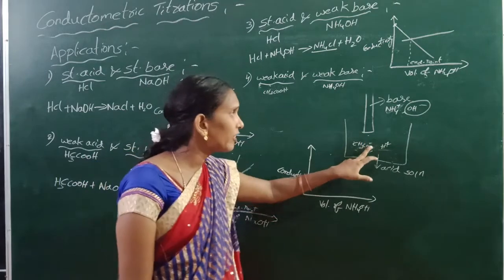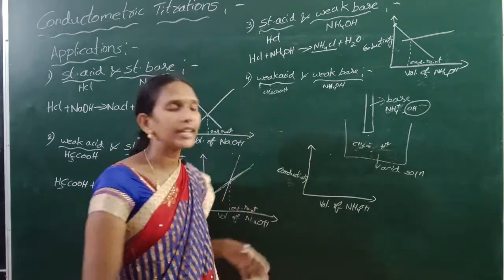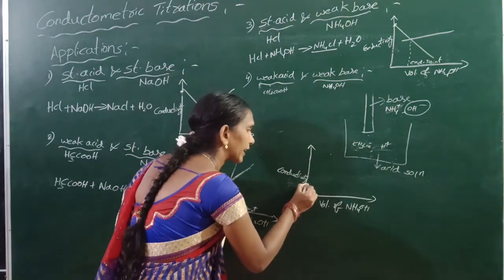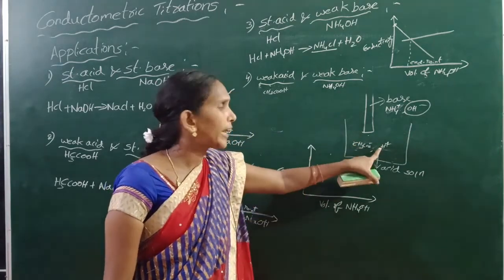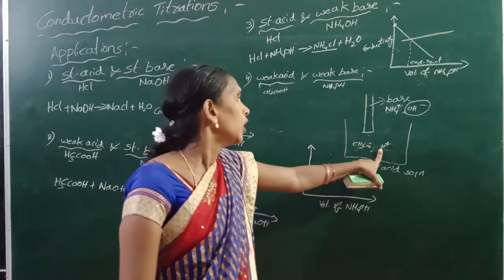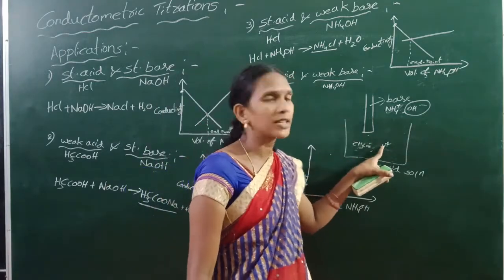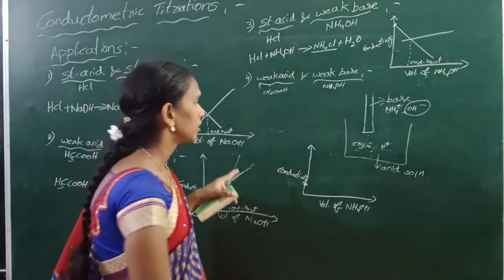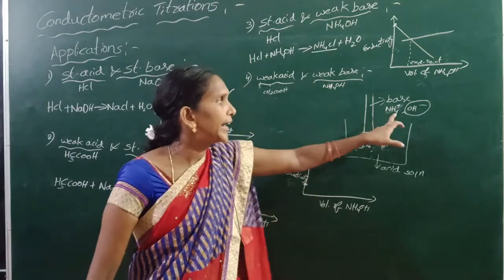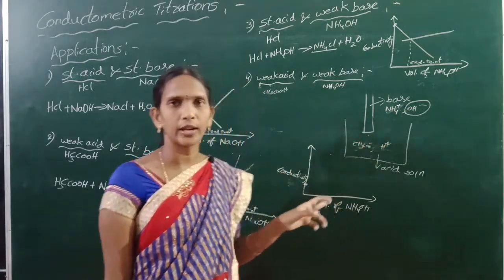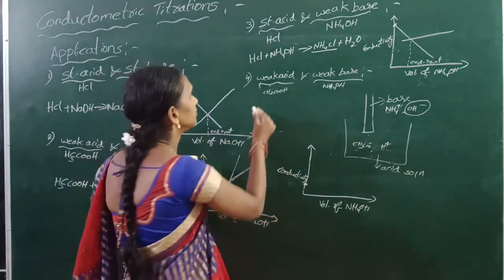Initially, the conductivity of acetic acid is low. Why? Because of low ionization of H+ ions. So this conductivity is increased by adding NH4OH solution.